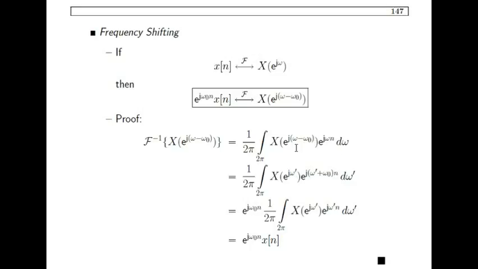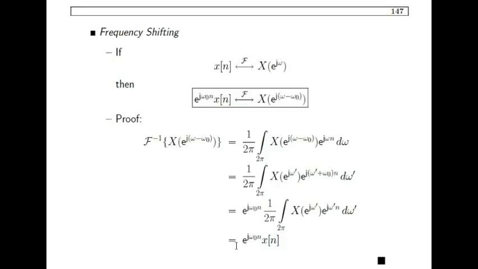As you can see here, it will be e to the power j omega dash plus omega naught into n, and d omega dash. Here I can take e to the power j omega naught n outside. Now I can replace omega dash with omega again, which will give me the inverse Fourier transform of x of n. So it will be e to the power j omega naught n times x of n.